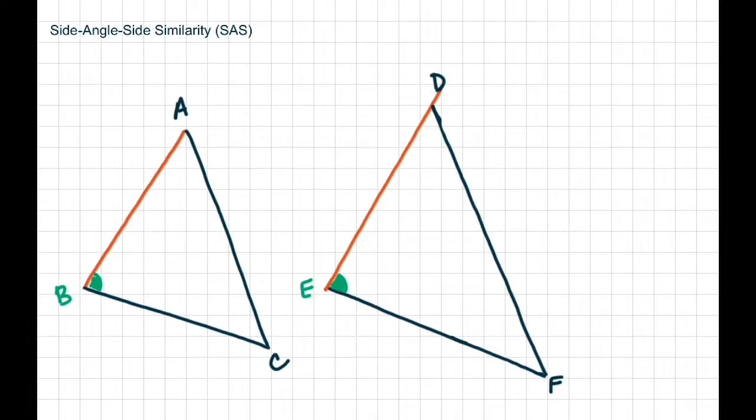So a good way to look at it is I'm looking at the side, the angle, and the side.